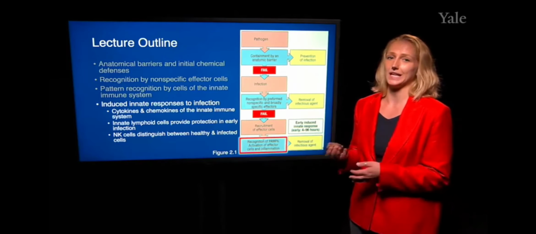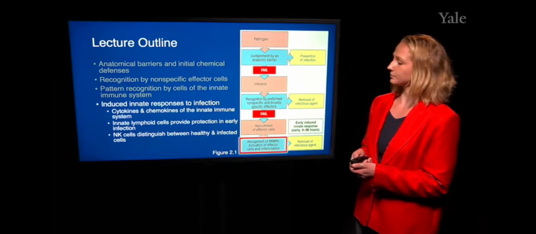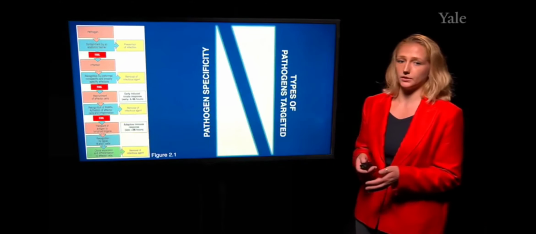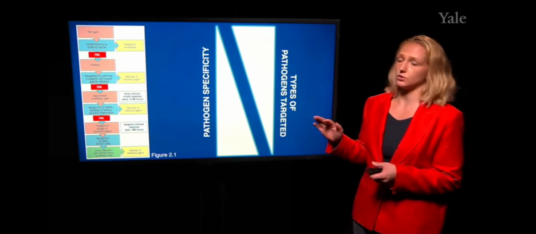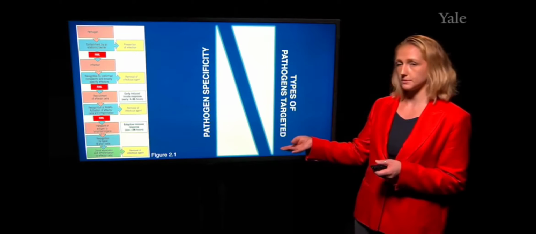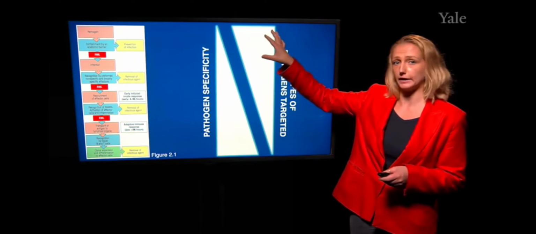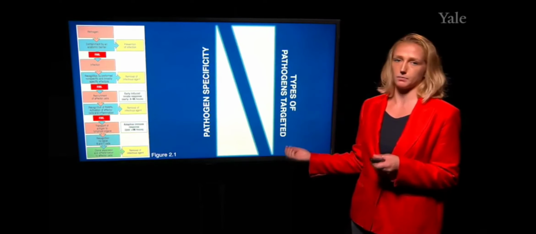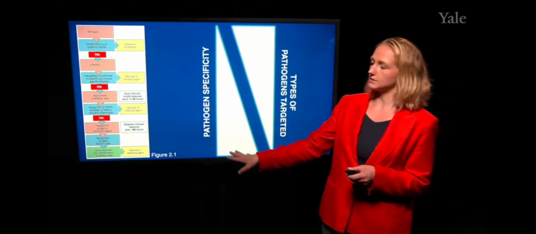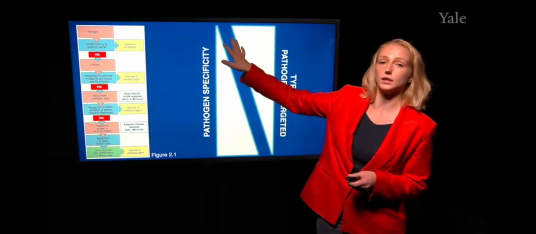Again, I want to reiterate that throughout the course of an immune response, we go from being able to target a large variety of pathogens to a very specific pathogen, such that pathogen specificity goes from very narrow to highly specific.